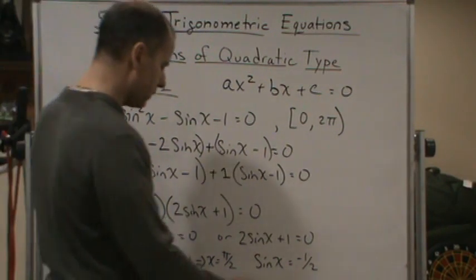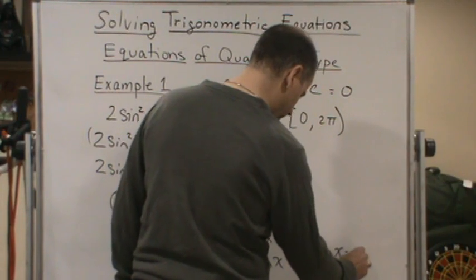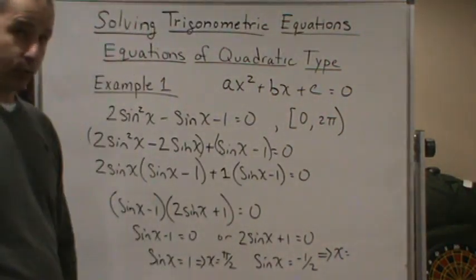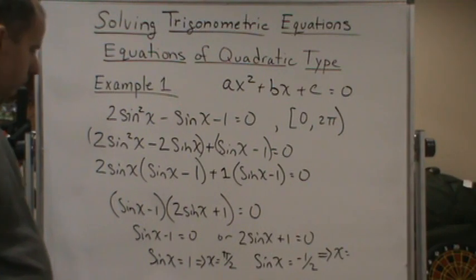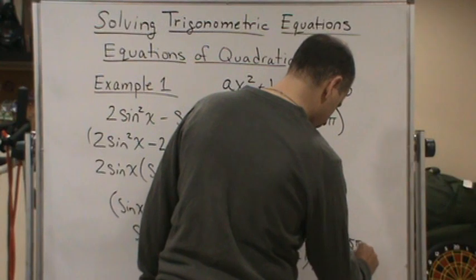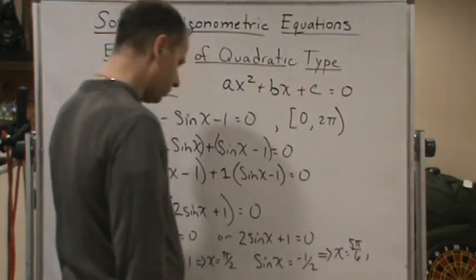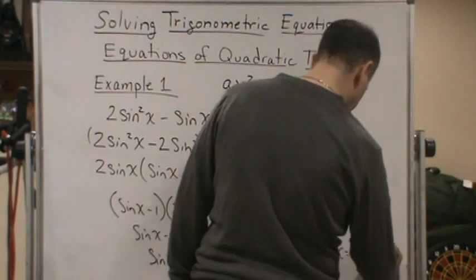So this means that x would have to equal 5 pi over 6, or it'd be 11 pi over 6.